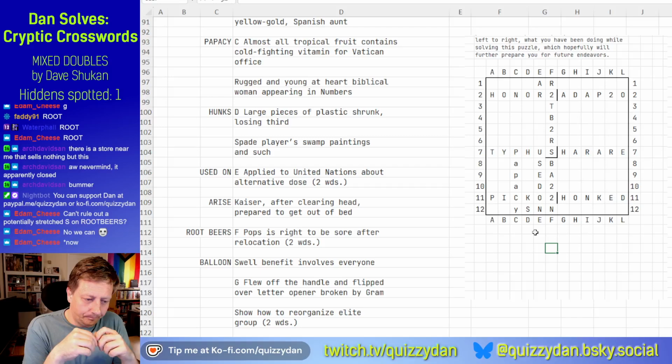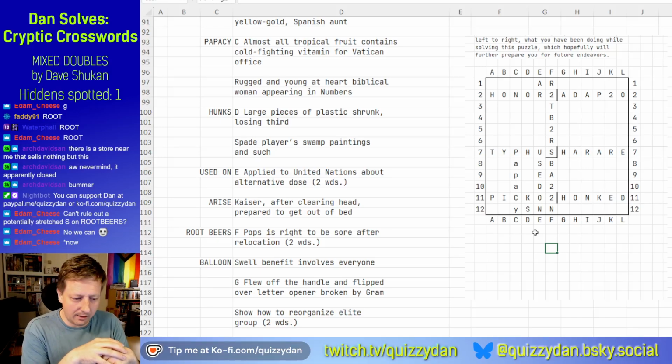The stretched letters will be the thing that we put in last, just because of the mechanism going on here. Flew off the handle. Okay. And flipped over.